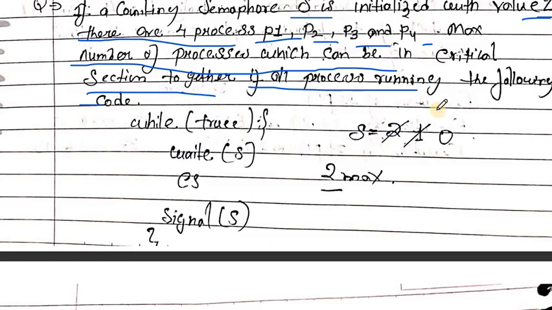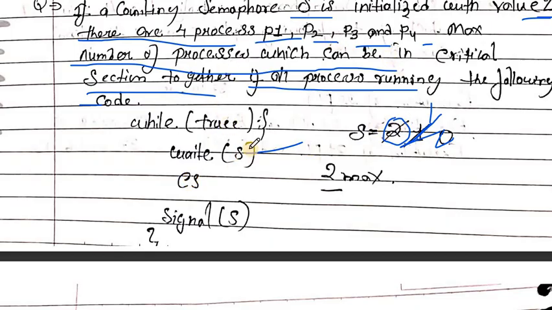So let's look here. When the value of the semaphore is 2, one process comes and executes wait. The value becomes 1 because wait decrements the value by 1, and the process is in the critical section. Now another process comes and executes the wait function, and the value of S becomes 0. That process is also in the critical section.